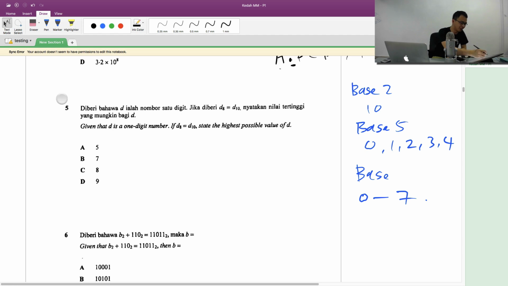Okay, I'm not sure about this one, but based on my calculator, my calculator actually convert it. I actually get the same answer if I choose 7. Because if I press 8, base 8, calculator basically will tell me it's a math error. I think you just have to convert the number in the base 10, then convert the number to base 8 using the calculator.